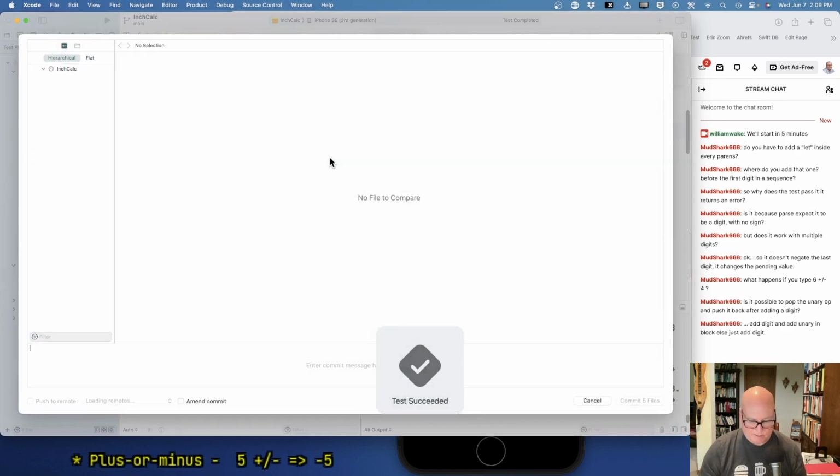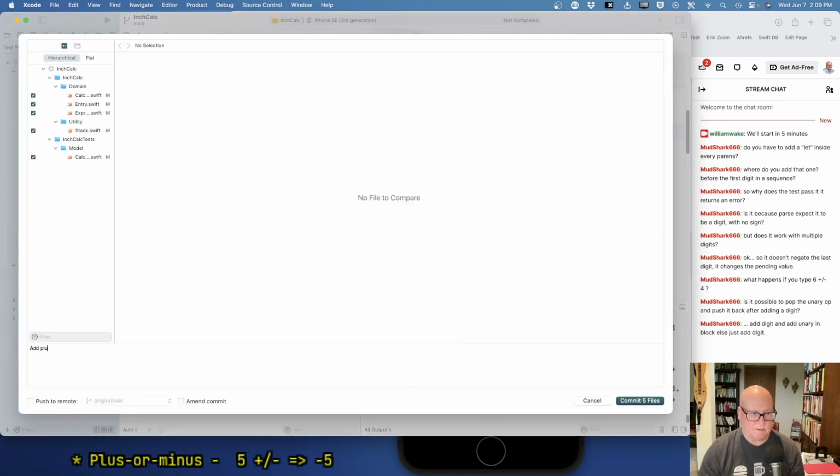Okay, so add plus or minus, working for integer for numbers, and make plus or minus move past digits if trying to treat it as an operator.